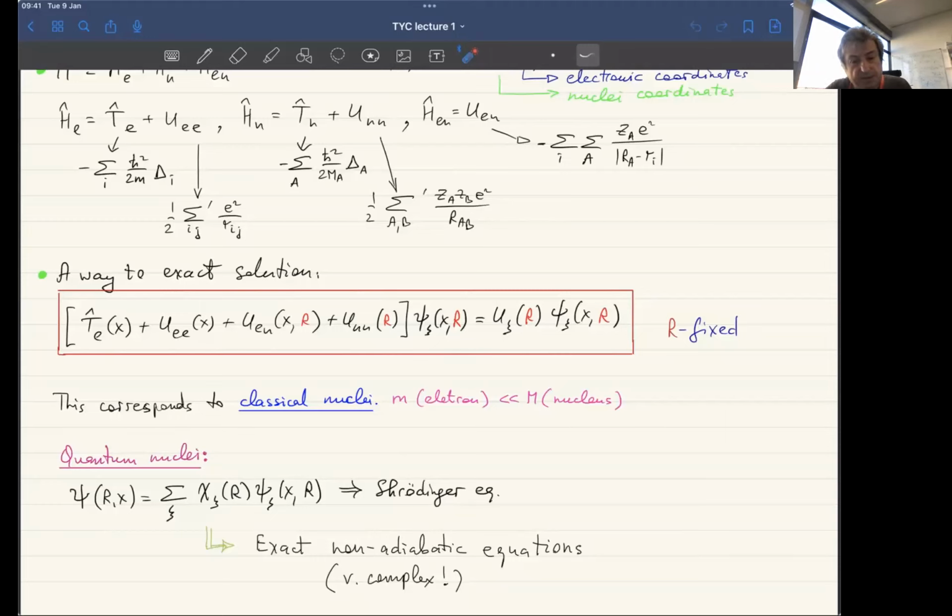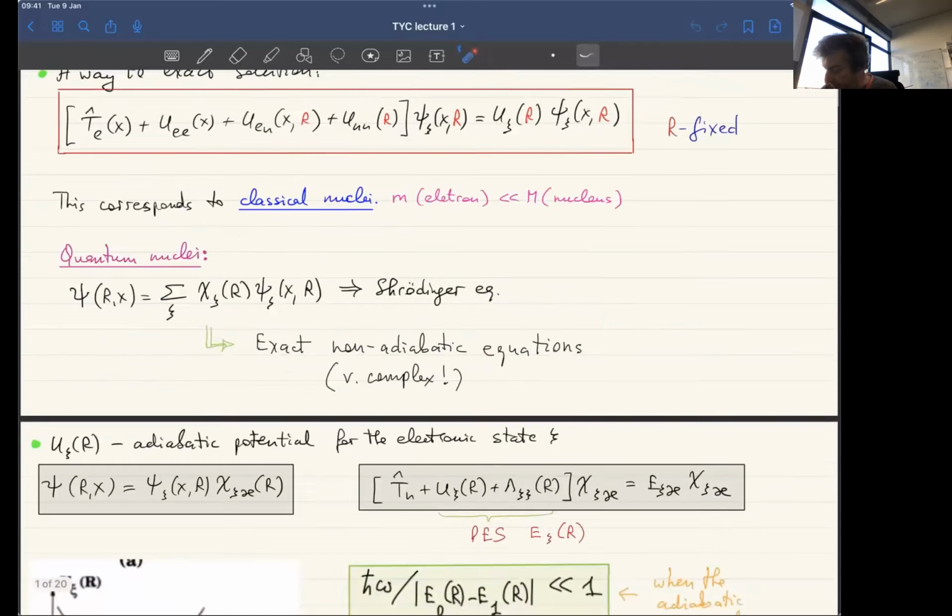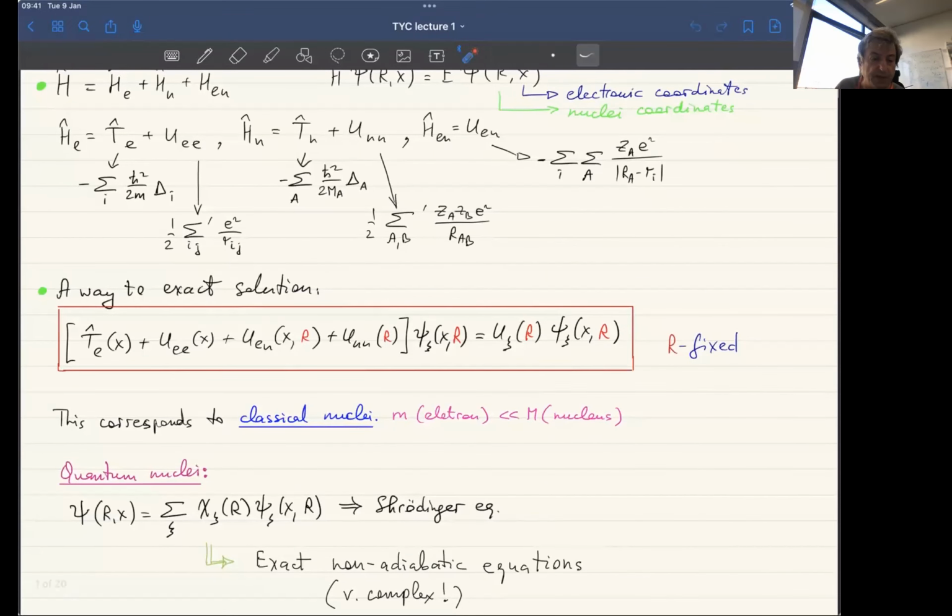And this is a good approximation, because the mass of the electrons is much smaller than the mass of the nucleus, at least 3 orders of magnitude smaller, and therefore you can assume that whatever nuclei move, electrons just follow as a cloud. Of course, this approximation is not always valid. I think I will have a few words to say about this, but not much.